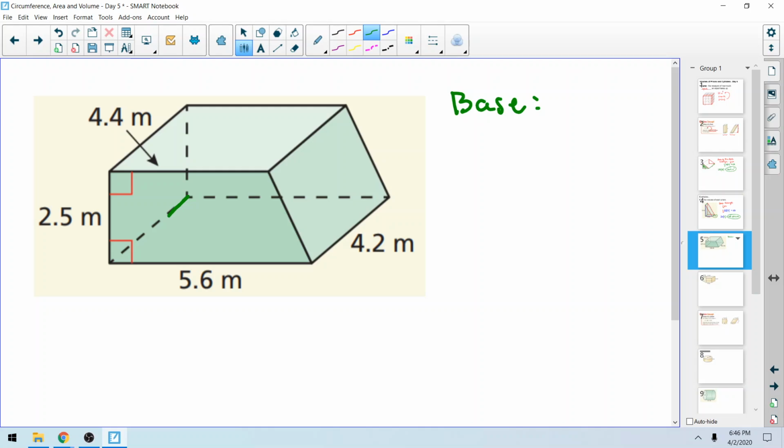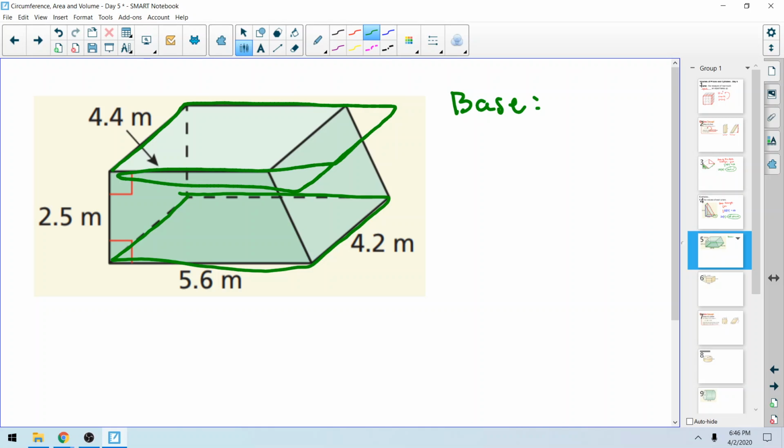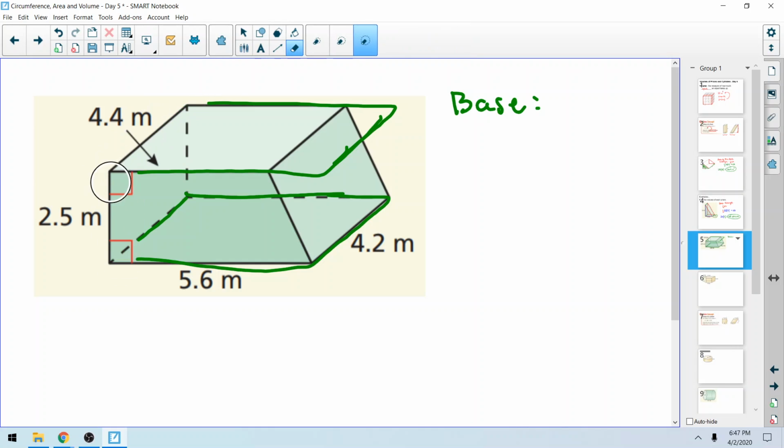So if I come up here and say this is my base, do I have the same exact one up here? The answer is no, because the one on the top is smaller than the one on the bottom, so they're not the same. So that is not your base.